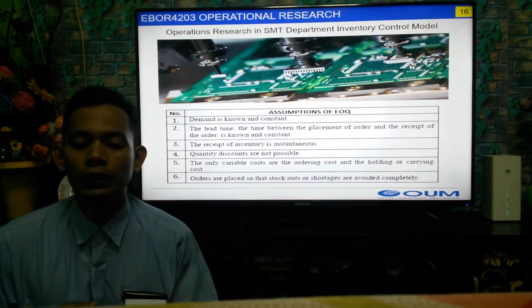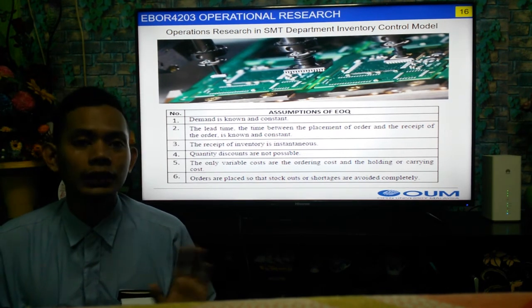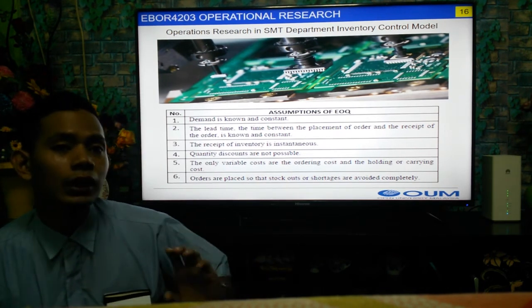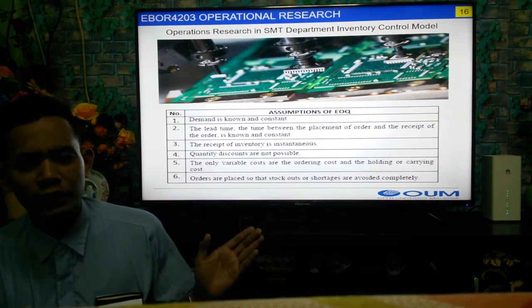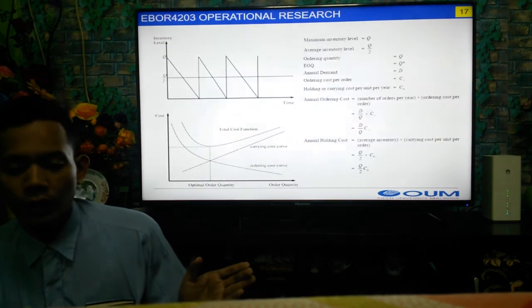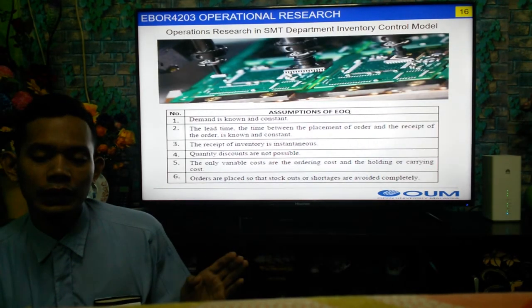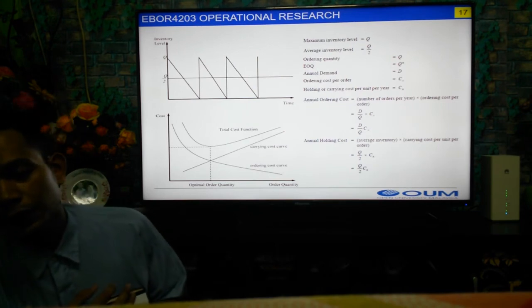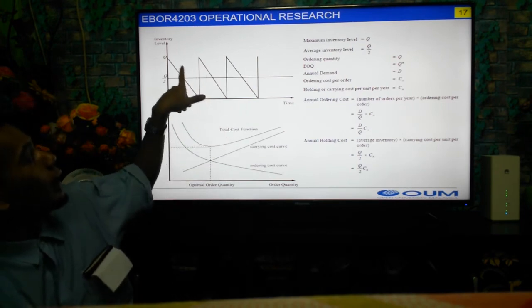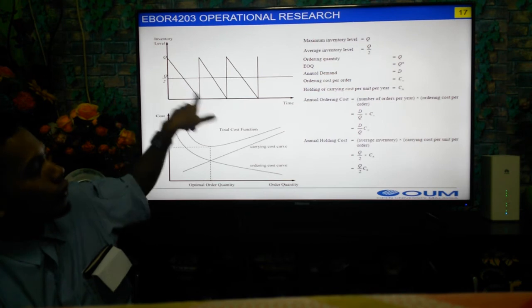So the only variable costs are the ordering cost and the holding cost, or carrying cost. Orders are placed so that stock-outs and shortages are avoided completely. So there is no case of shortage or production stopping by using this EOQ. By following these assumptions, we get a sawtooth shape graph.